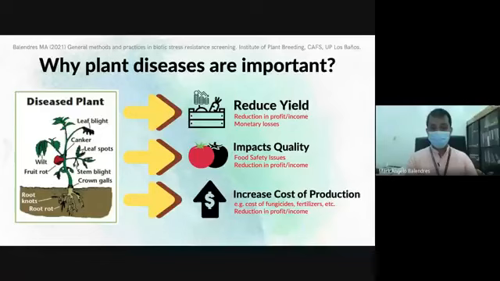And they are important to us because they reduce yield, the income of the growers is affected negatively, and it also impacts the quality of our produce.